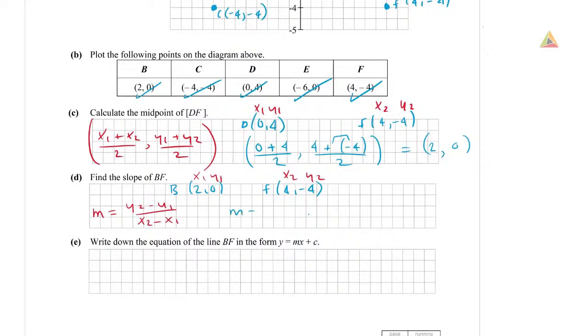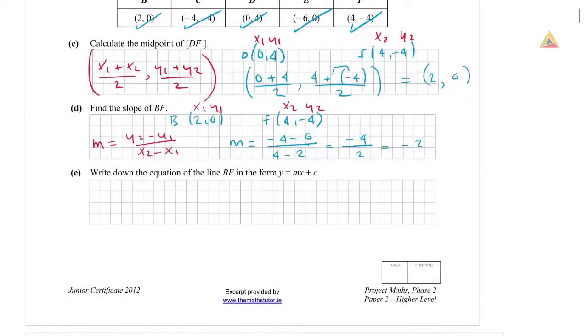So m is equal to this y2, which is minus 4, take away y1, which is 0, over x2, which is 4, take away x1, which is 2. Minus 4 minus 0 is minus 4, over 4 minus 2 is 2. Minus 4 divided by 2 is minus 2. So the slope of BF is minus 2.